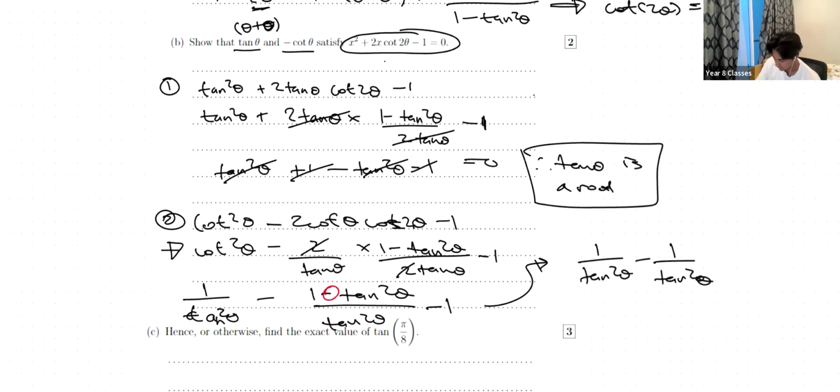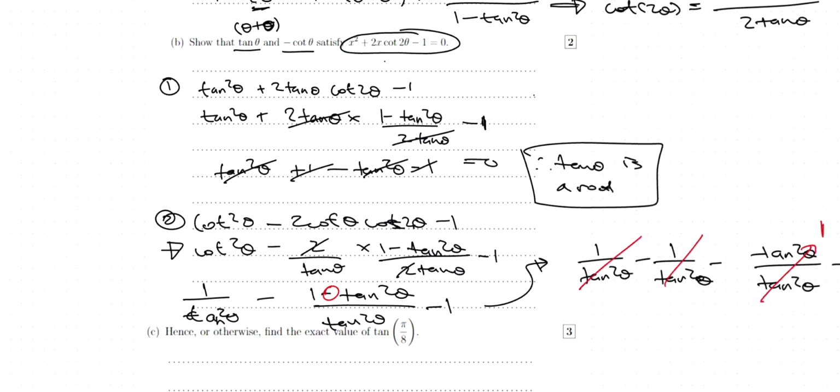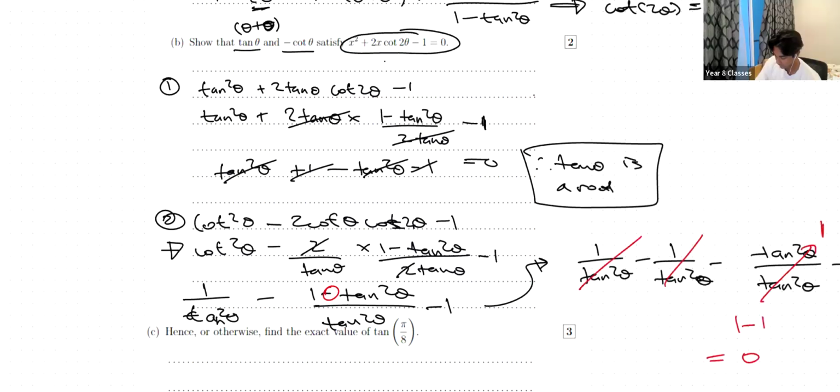So minus tan squared theta over tan squared theta minus 1. And then evidently these will cancel out. This equals 1 because you're dividing the thing by itself. So it becomes 1 minus 1, and that's 0. And therefore, it is a root, a solution.